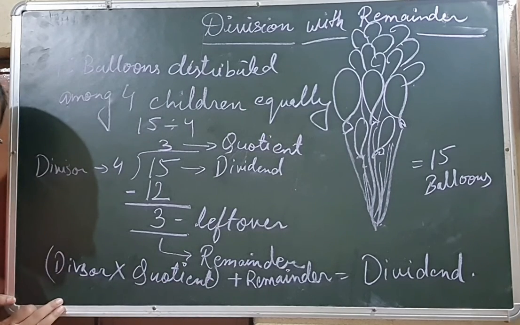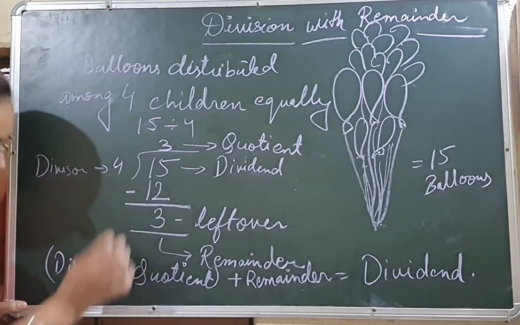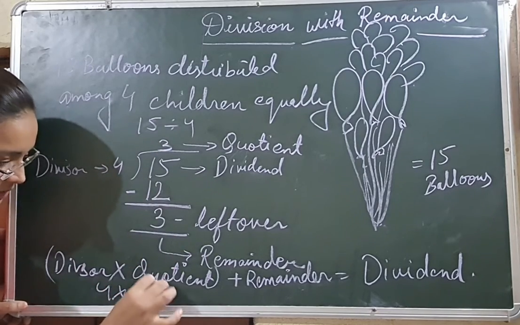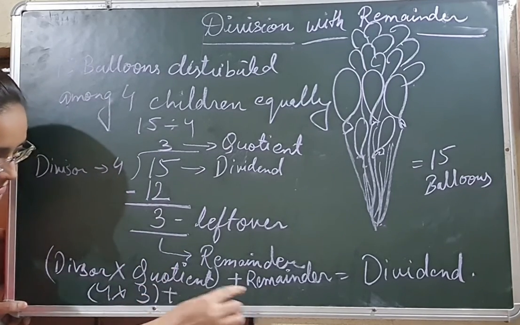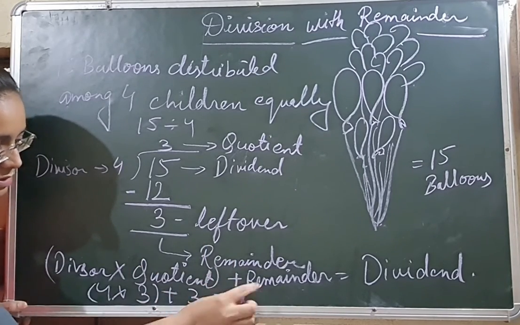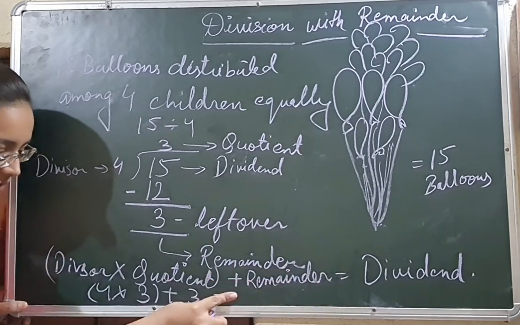Divisor is 4 into quotient 3, plus remainder 3, that will be equal to the dividend.